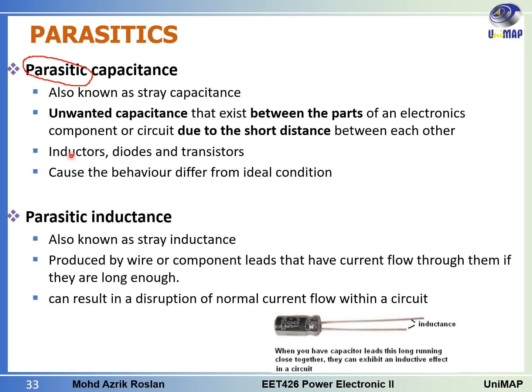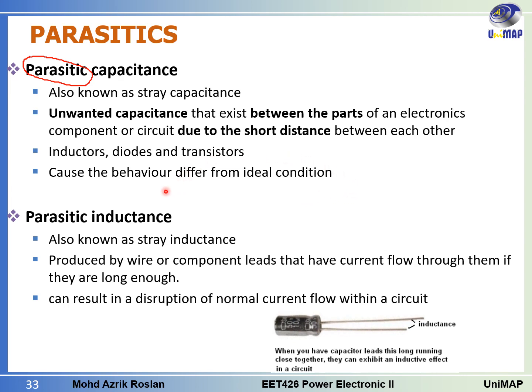Okay, and it can occur in the inductor, diode, and transistor. And due to this parasitic capacitance, sometimes it can cause the behavior of the circuit to differ from the ideal condition.